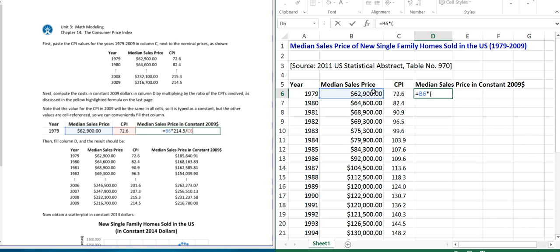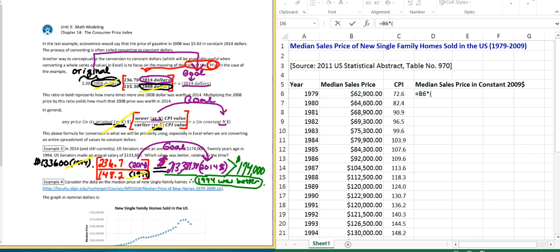You don't really need it, but it'll look most like what we did last time if I do that. So what am I going to be multiplying by now? I'm going to be multiplying by this ratio right here from the Consumer Price Index. So I need to multiply by the CPI value of the year I'm trying to convert into, divided by the CPI of the current year.